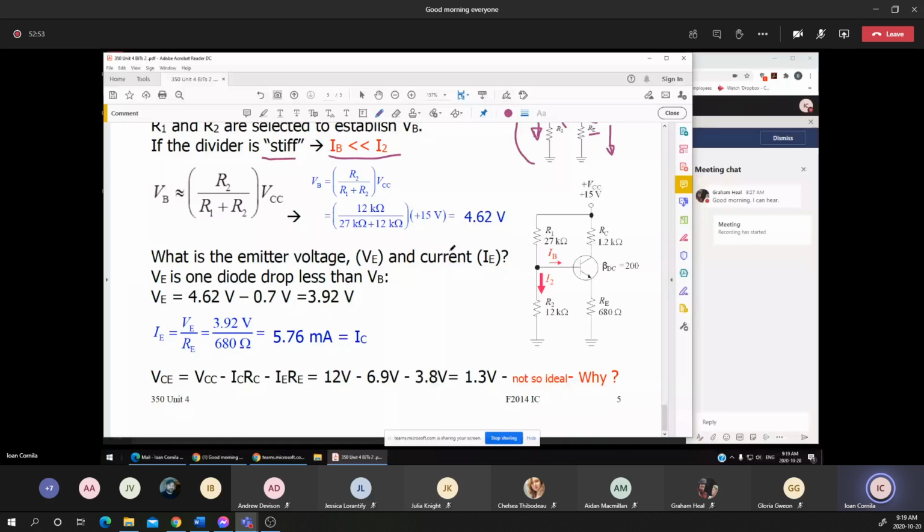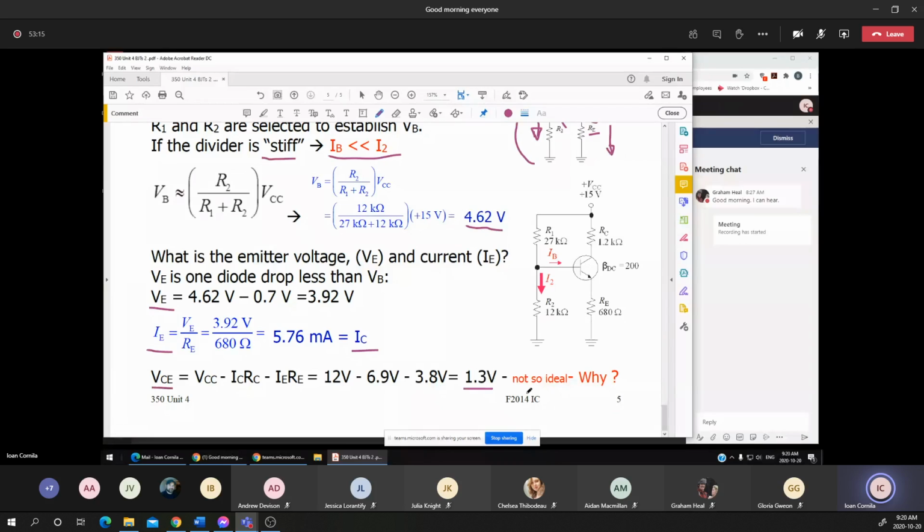One step is finding VB. Once we know VB, we can determine VE. And once VE is determined, we can determine the current IE, which is the same as IC.